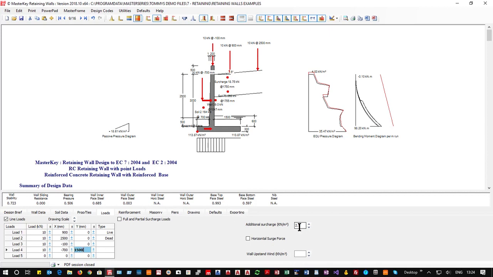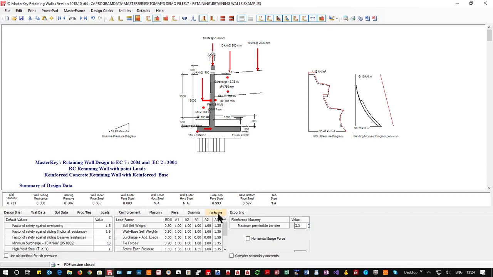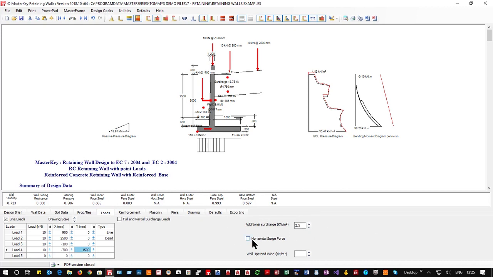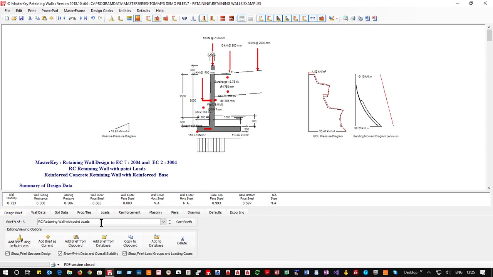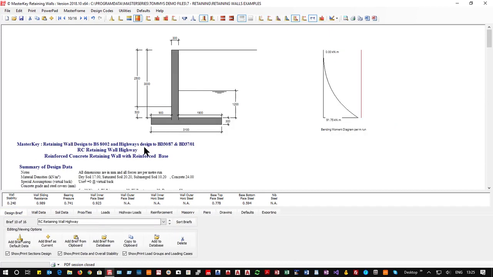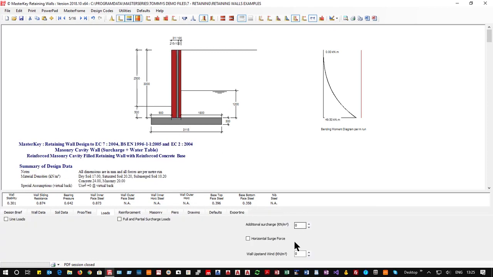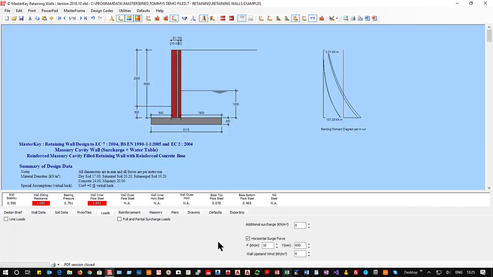We put an additional surcharge on. Obviously we have the 10 kilonewton load that comes through from both the BS and the Eurocodes. Back to our loading. We also have this one which we never really looked at and people overlook it. If I come back to one of my previous designs, we could put an additional horizontal surcharge on the wall.